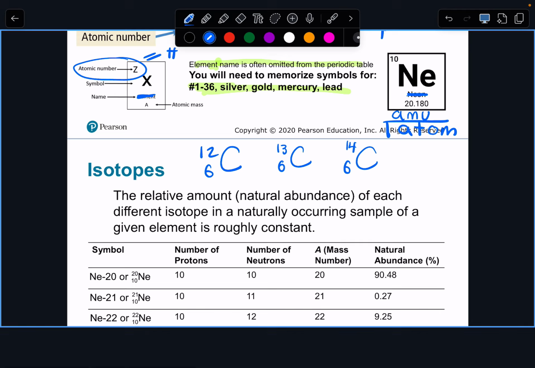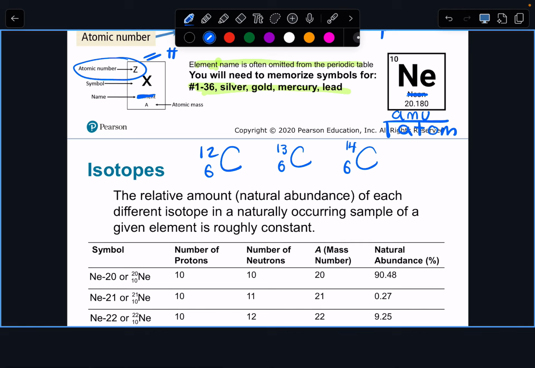You're eating, or you're manufacturing sugars from the sun if you're a plant, and your carbon is constantly getting turned over. So you have a relatively stable amount of carbon-12, carbon-13, and carbon-14 that's reflective of what's in the earth and therefore what you're eating.